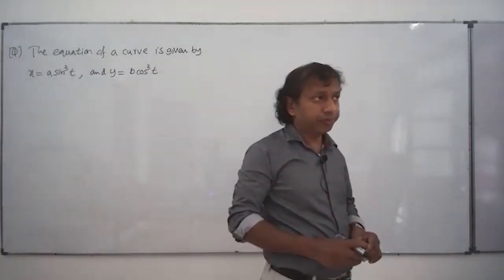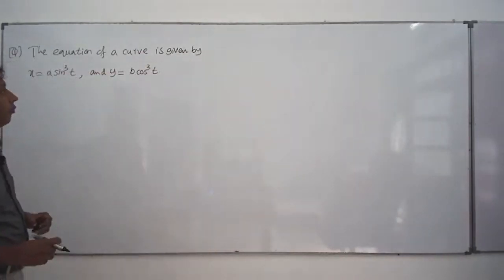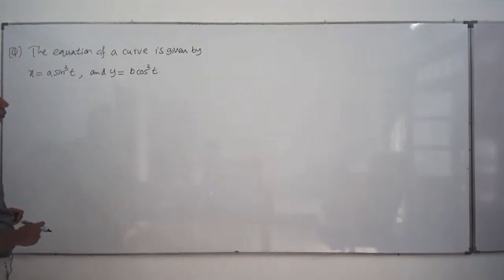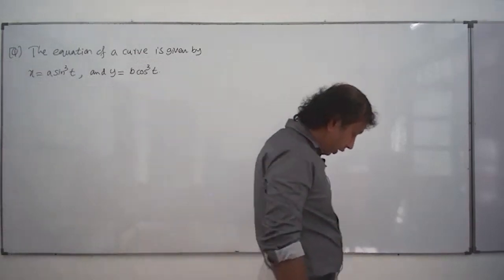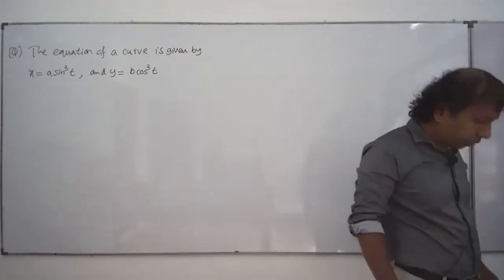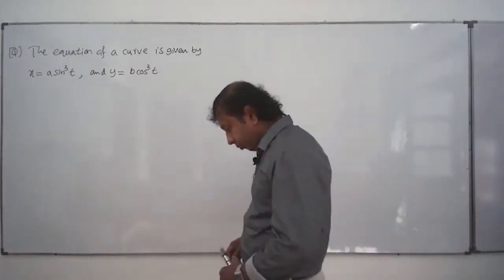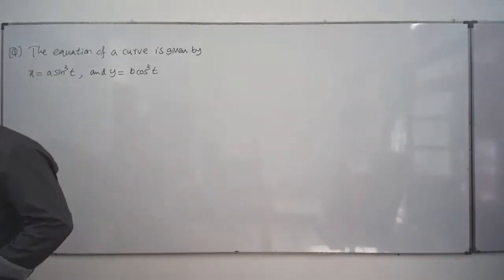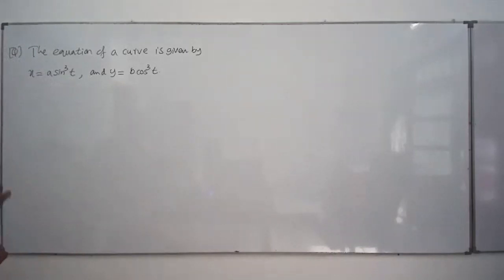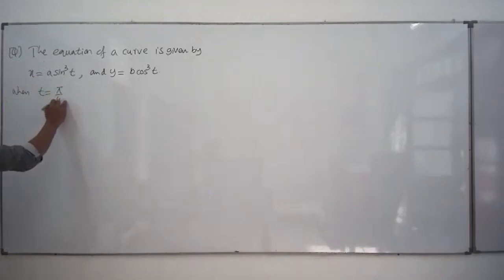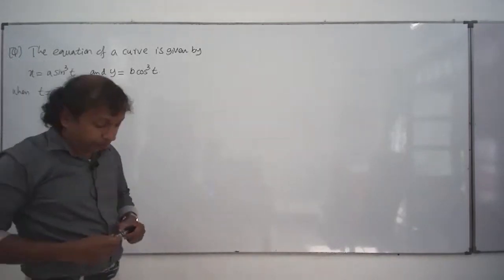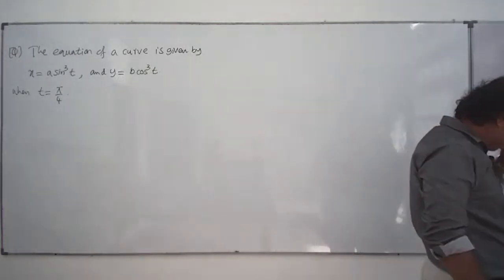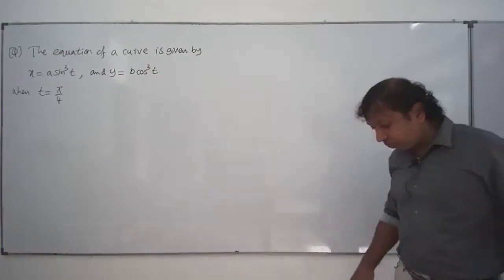Find the equation of the tangent drawn to the curve when t equals pi by 4.